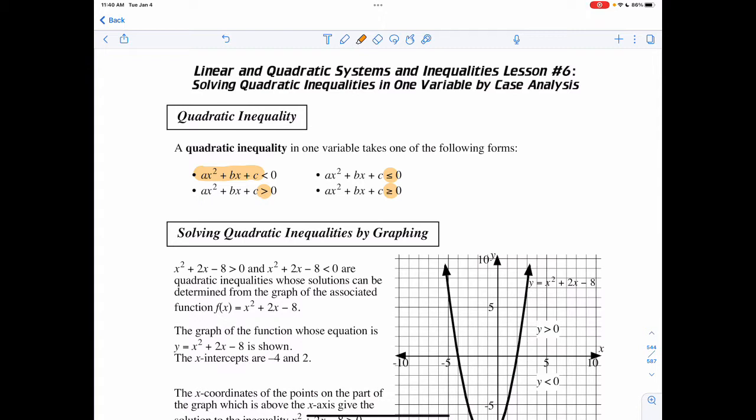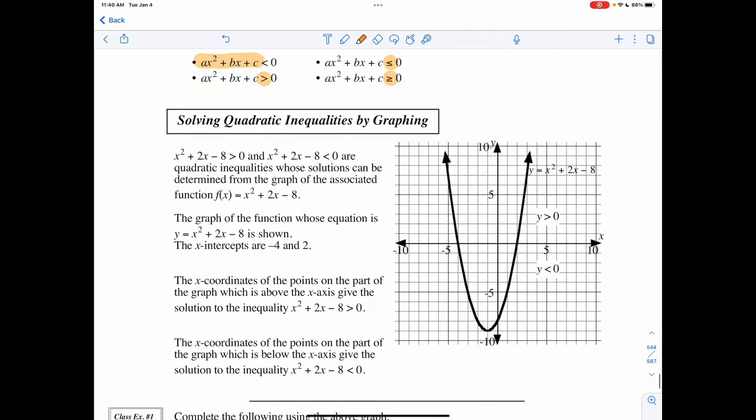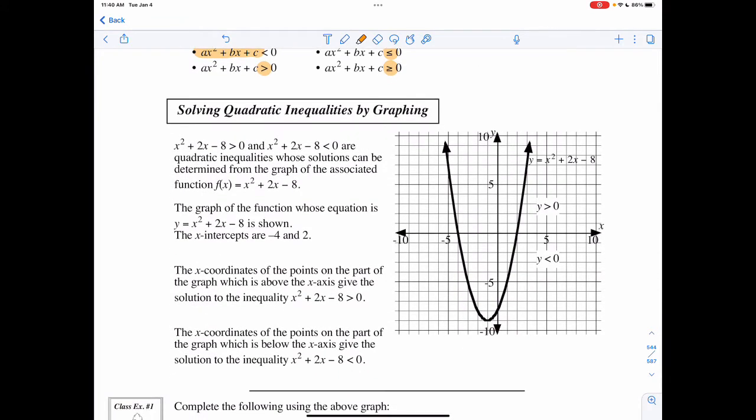Now we know they might not start out in this general form, but we can always take any quadratic inequality and turn it into this form by collecting everything on one side of the equation and balancing out for x. The first thing is we're going to look at how this could be interpreted through graphing.